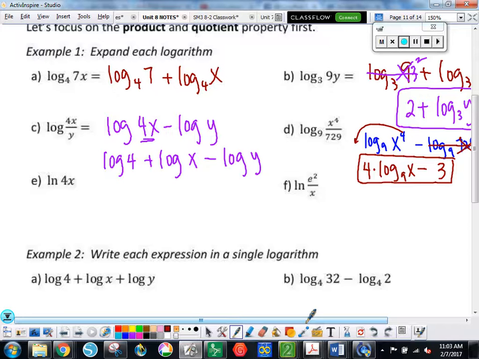Okay, good. So like this one, if I wanted to expand it using the rules we just had, what is it? 4 times x there. This one's just a special name for the natural number.